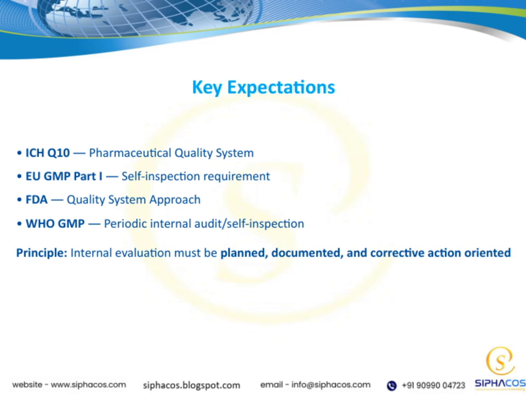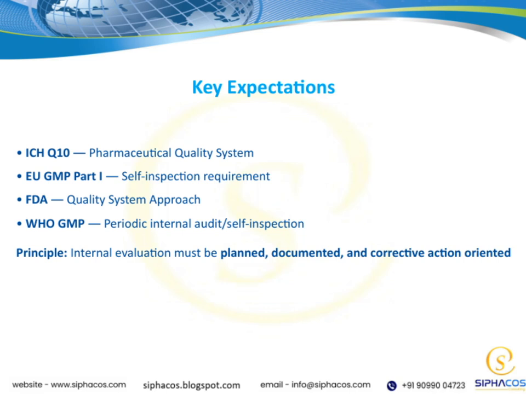Moving on, the FDA adopts a quality system approach, focusing on building quality into every process rather than just testing for defects. And finally, the WHO GMP recommends periodic internal audits or self-inspections to maintain compliance and continuous improvement.